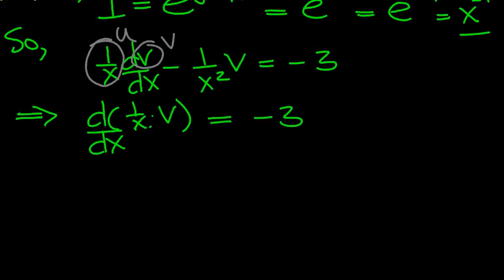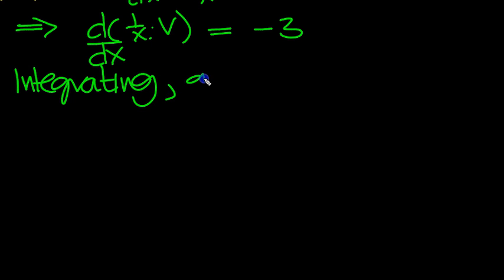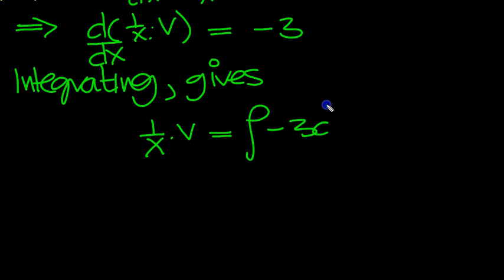Integrate both sides. So here's our problem now. Integrating gives, the integral of the left will be just what's inside, 1 over x times v, equals the integral of minus 3 dx, which equals minus 3x plus k.